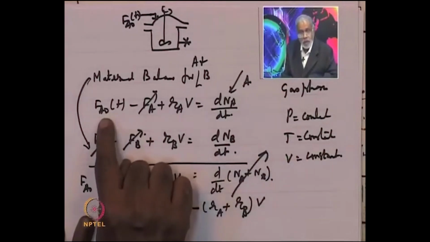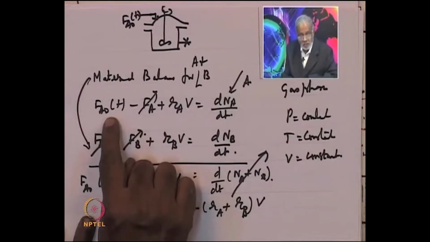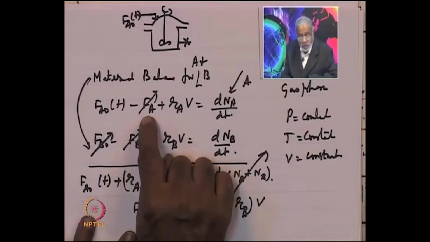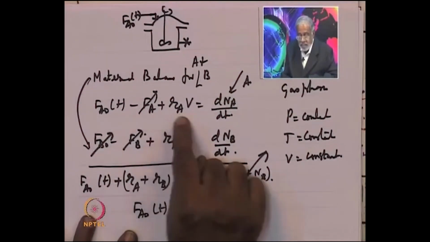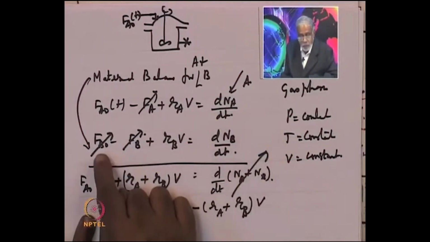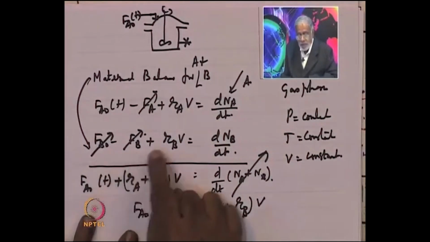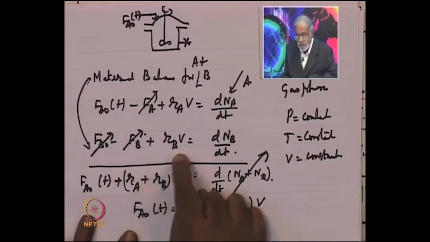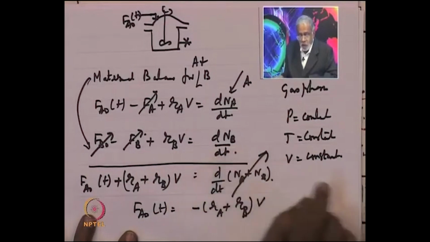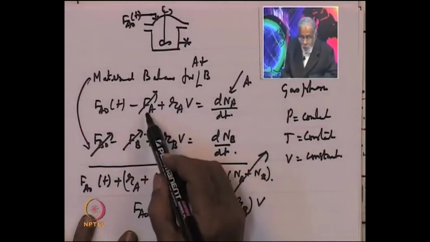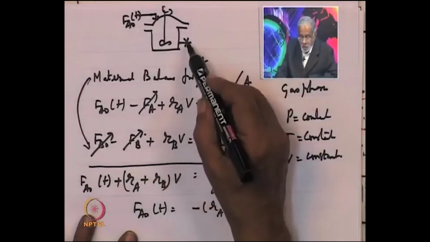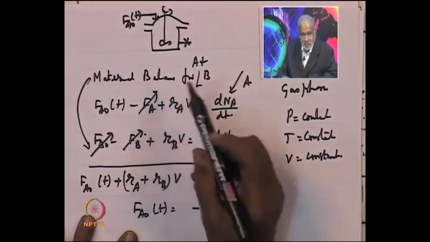Input Fa0 of t, which is a function of time, output, there is no output, plus generation equal to accumulation. Input of B, output of B, generation of B equal to accumulation of B. We know that there is no output of A because the valves are closed, therefore Fa disappears.